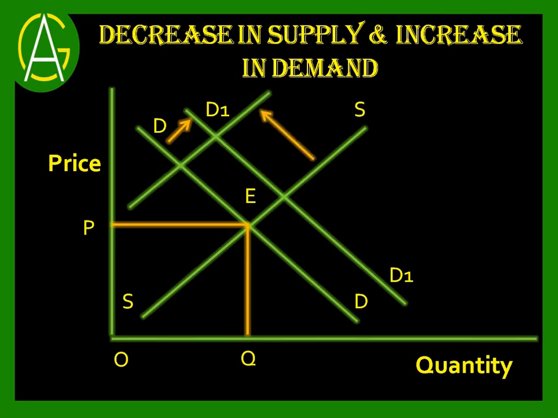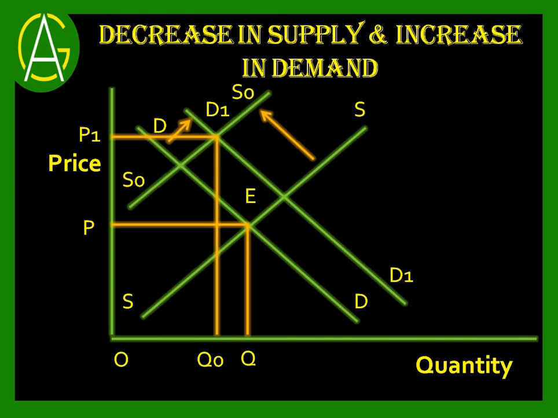On the left side we can find out new supply curve S0 S0. At the new supply curve and new demand curve we can find out new equilibrium point, and below the new equilibrium point this is quantity and this is price. So OQ0 is the quantity but OP1 is the price.